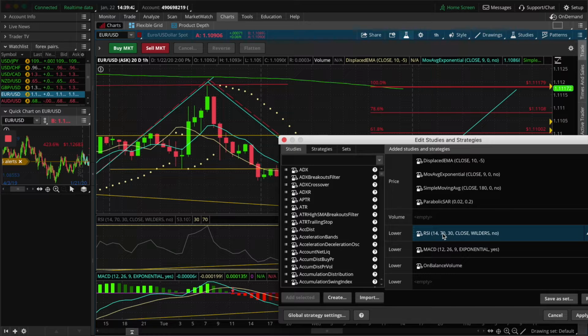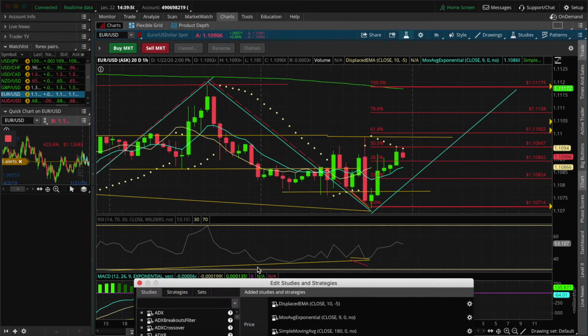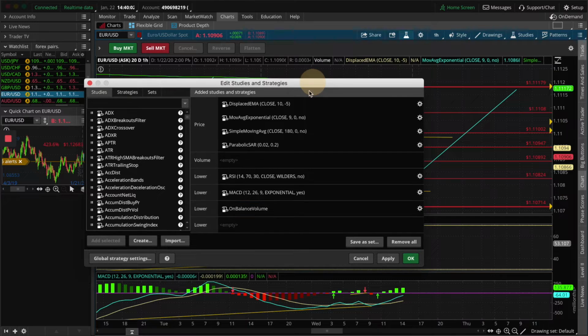And then you have your RSI, which is your relative strength index. Essentially your relative strength index is showing how strong the market is moving, like how much momentum is attached to the market.